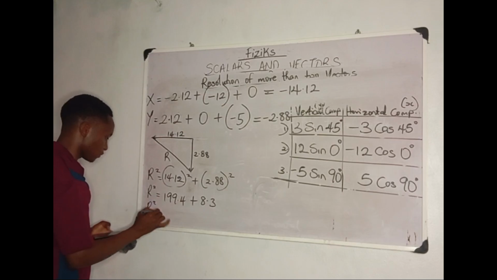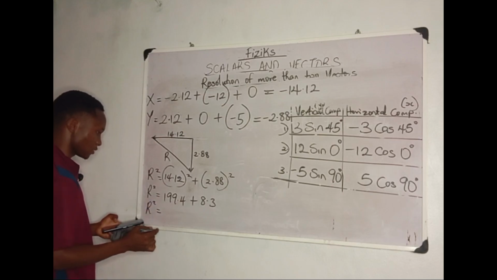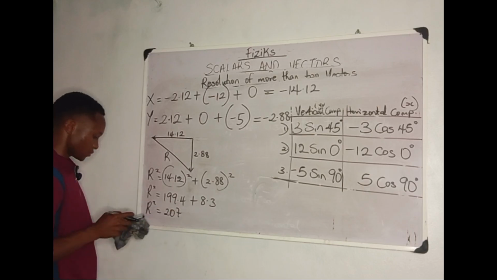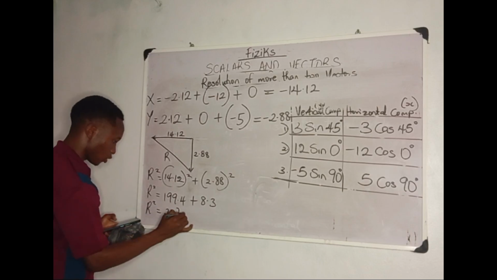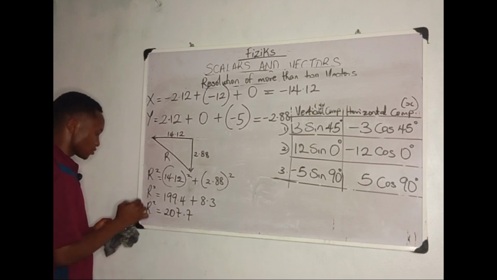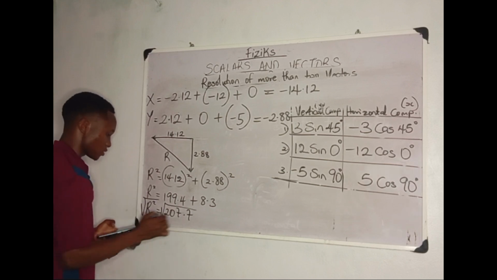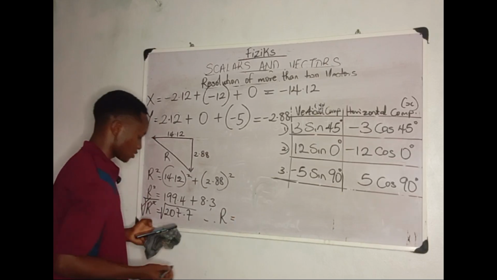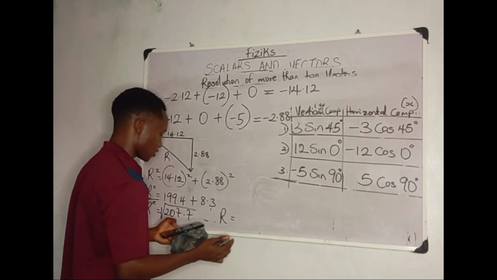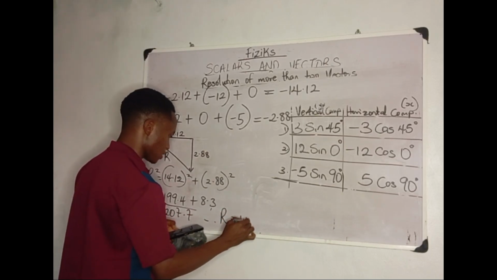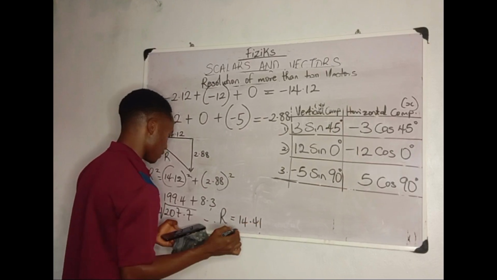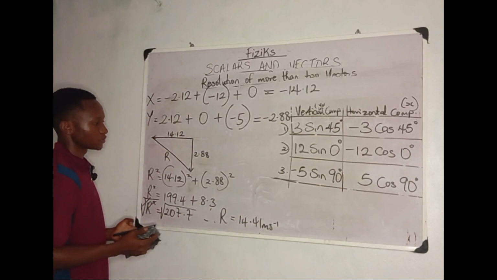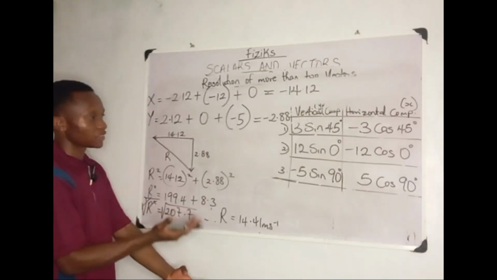When you sum it up, what we're going to be having is 207.7. So I'll square root both sides, square and square root cancel, therefore r is going to give us 14.41 meter per second.